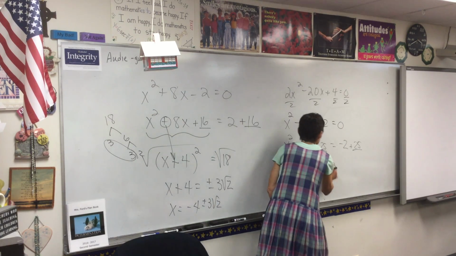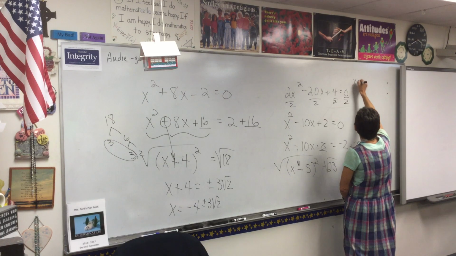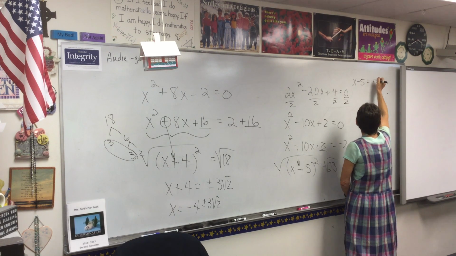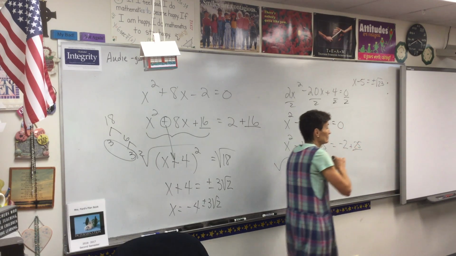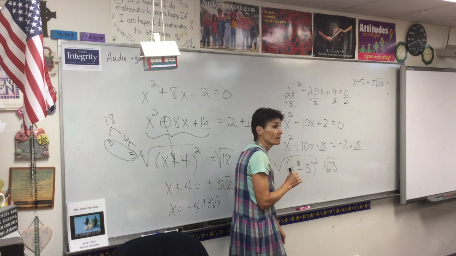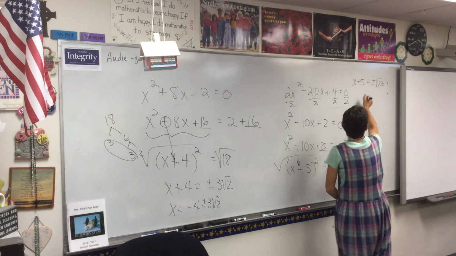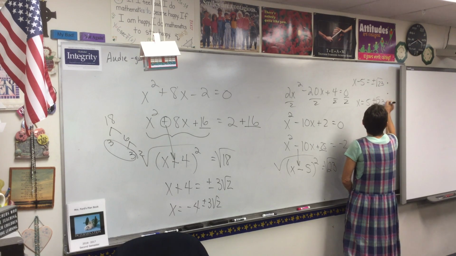So I'll square root both sides. x minus 5 equals plus or minus the square root of 23. Do you want to separate those like you did in the last problem? You can if you want. You don't have to. You can write x equals 5 plus or minus root 23.